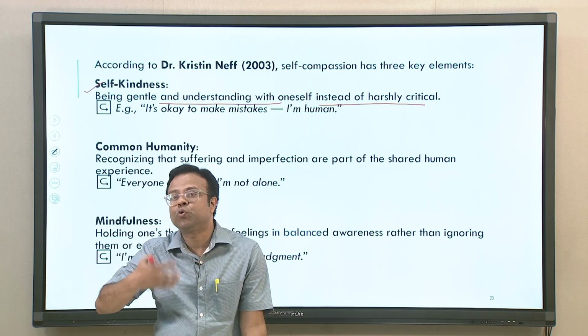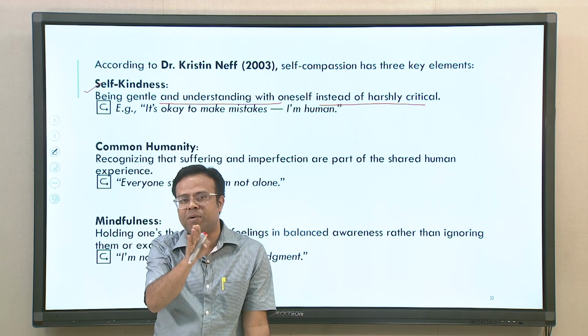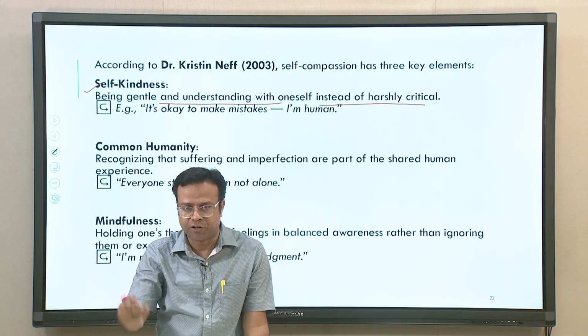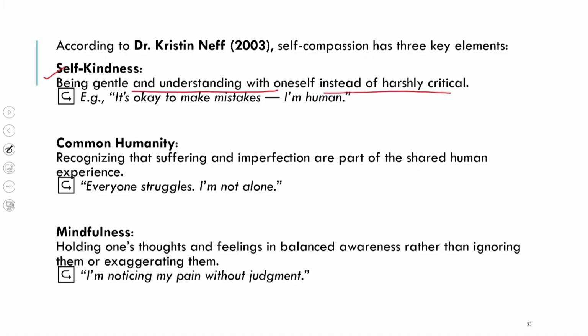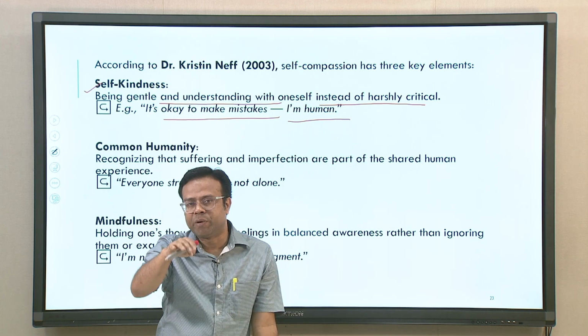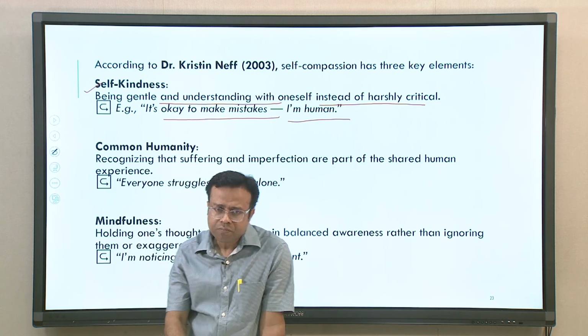So, rather than becoming too critical about yourself, you also have some understanding, be kind towards yourself. For example, you can say it is okay to make mistakes. I am also human, sometimes it happens. If you just did some mistakes and you keep pondering on it again and again, it will not lead to anything productive. So, some kind of self kindness may be helpful in that context.